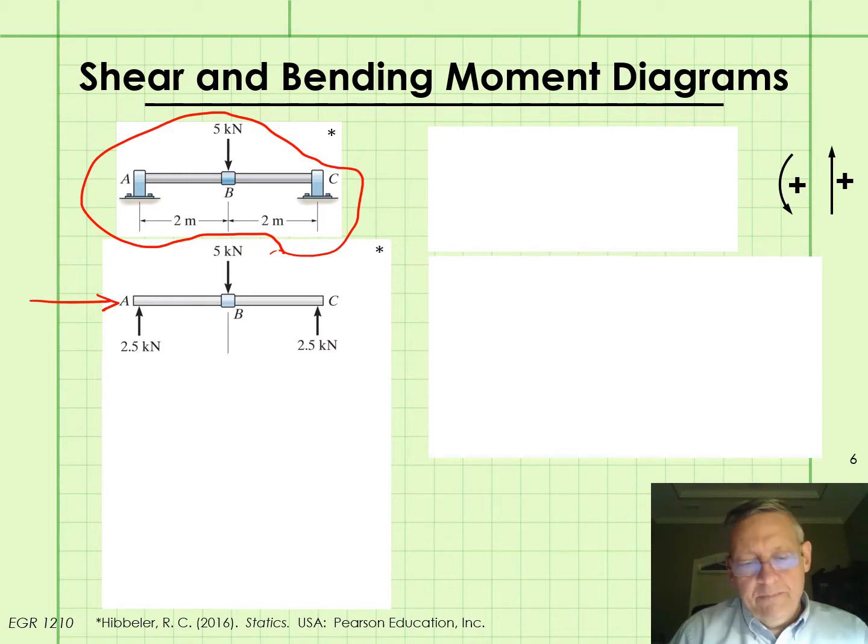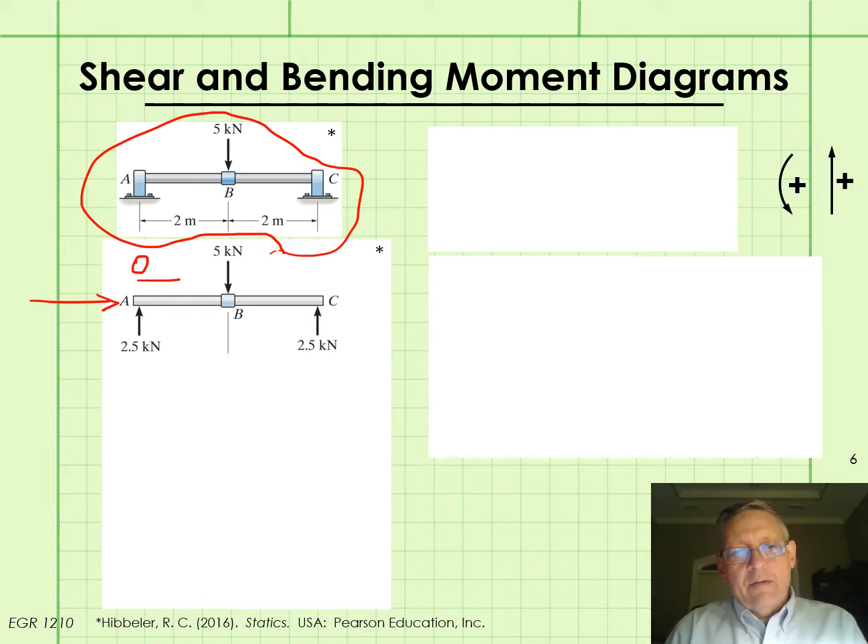The second step is to work from the left end of the beam, where we'll set x equal to 0, and we'll work towards the right and look for values of x where discontinuities in the shear function or the bending moment function will occur.